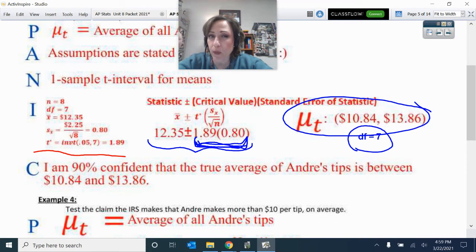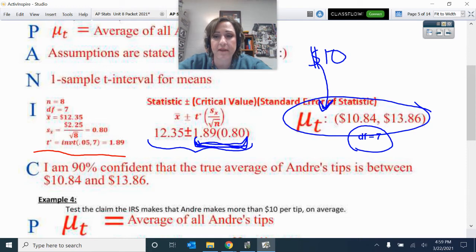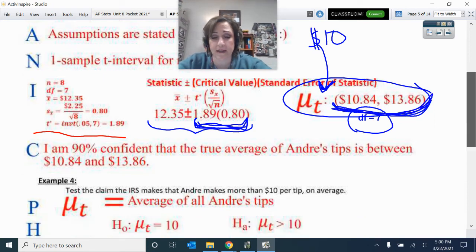But what do you anticipate happening, since $10 is not in this interval? Are we going to have evidence to reject $10, or are we going to fail to reject $10? I hope you can see you're probably going to reject $10 and say that you have evidence that his average tip is more than $10.